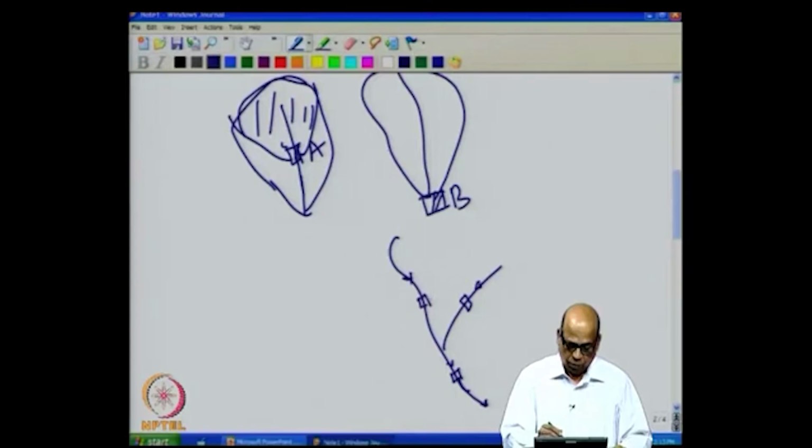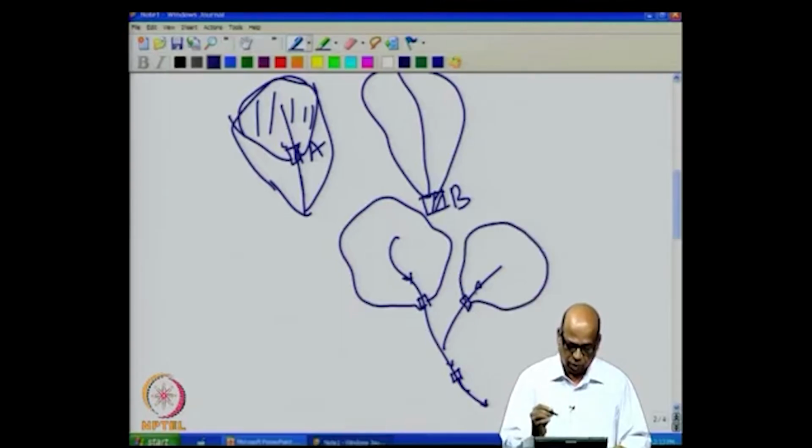Now, we compute the specific flow at this location with respect to the catchment area of this particular gauge. Similarly, we compute the specific flow of this with respect to the catchment area of this gauge. Let us say we call them A, B and C. Now, the C will comprise this entire area.